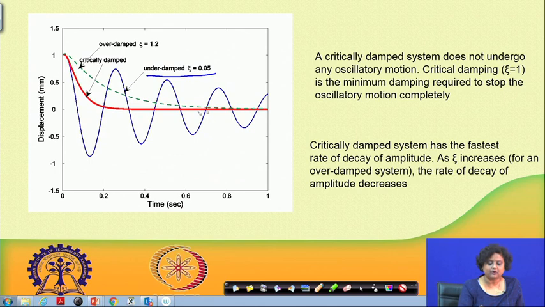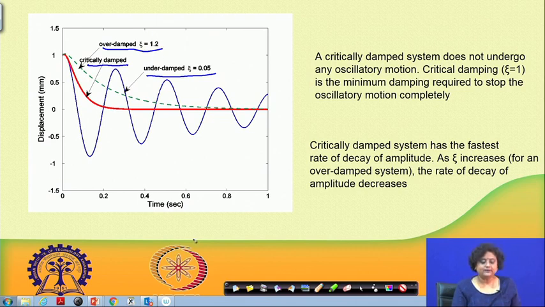It is oscillatory with a decreasing amplitude. This red line is the critically damped case where zeta is equal to 1. We can see there is absolutely no oscillation. The dotted green line is the overdamped case where zeta is greater than 1, drawn here with zeta as 1.2.